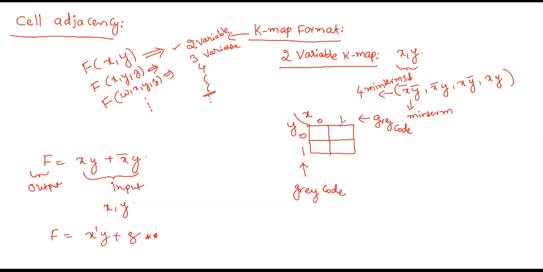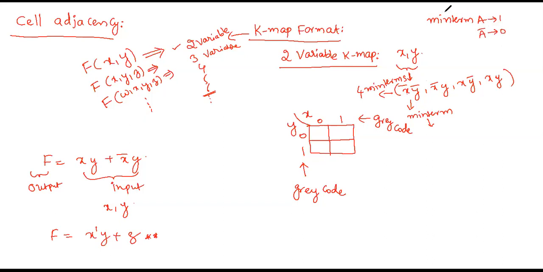Now we have four minterms. What are the values of these minterms? When you are discussing the minterm, remember this: a variable is indicated with 1, a complement is indicated with 0.